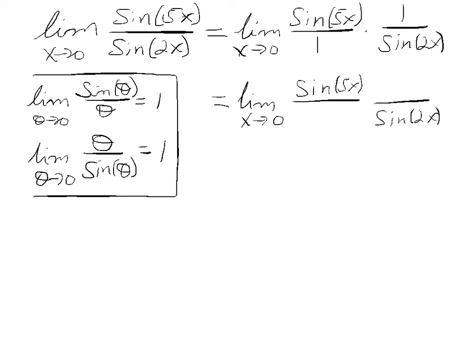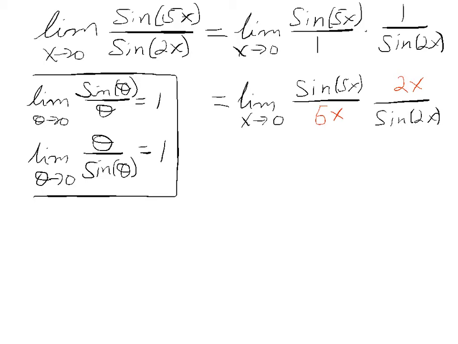All right, what I'm going to do here is I want this to be a 5x, and I want this to be a 2x, because then I will get the same thing in the argument here as I do in the denominator, and here I'll get the same thing in the numerator as I do in the denominator, so then I could put these limits to use.